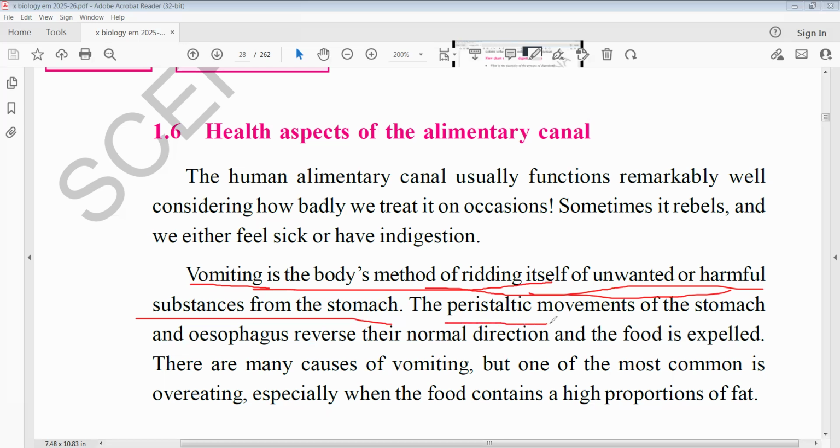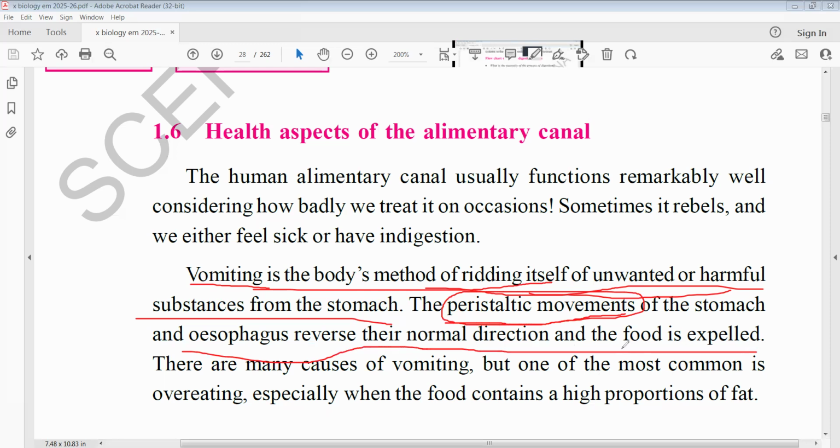Already we discussed peristaltic movements. The wavy movement of the bolus, or food bolus, is called peristaltic movement, which occurs mainly in the esophagus and stomach. In vomiting, the stomach and esophagus reverse their normal direction and the food is expelled.